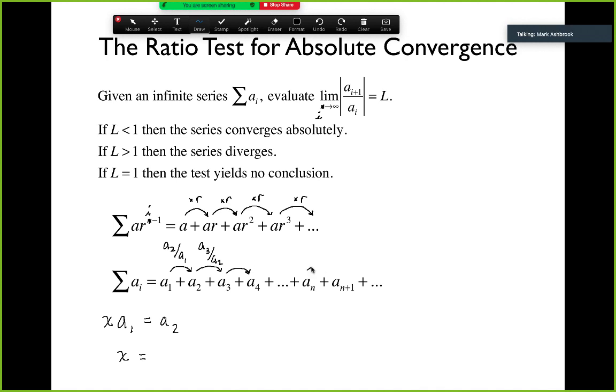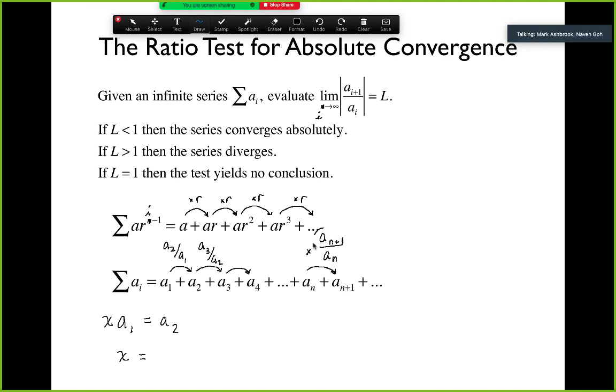So how would we get the n plus first term from the nth term? We multiply by the ratio of the next term to the previous, right? If we multiply a_n times the ratio of a_(n+1) to a_n, we get a_(n+1).